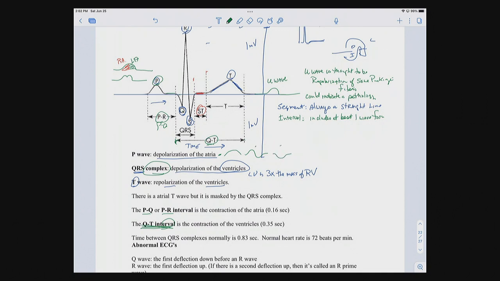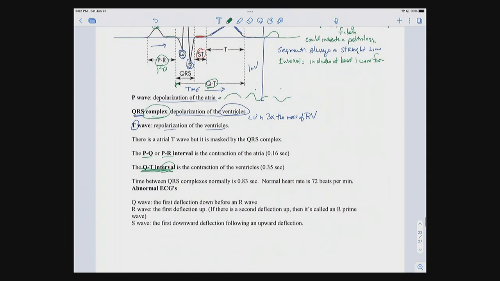Now again, these are going to be indicating that there's something different about what's going on in the atria as they depolarize. And again, this will make more sense a bit later. But if you have an abnormal waveform of a P wave, then it's an occasion to take a look and see what's going on.